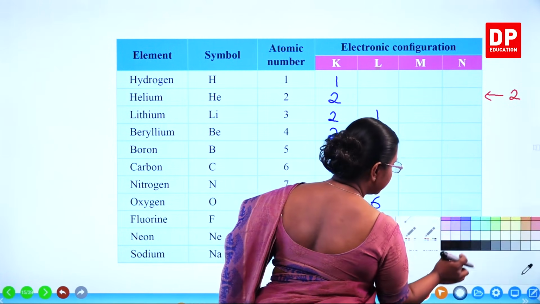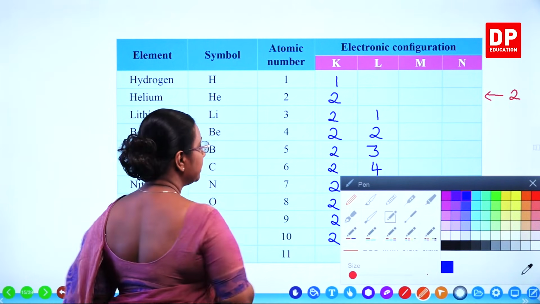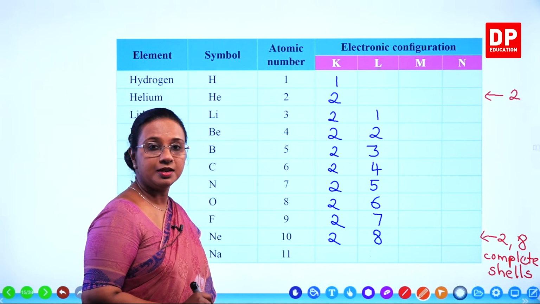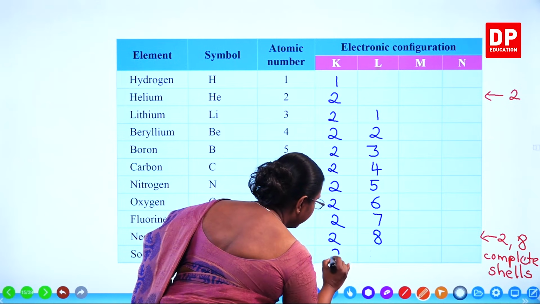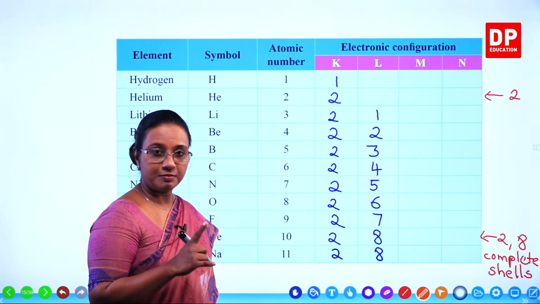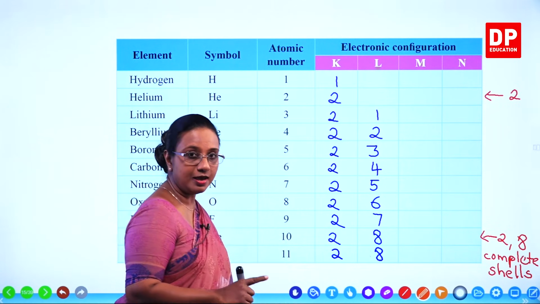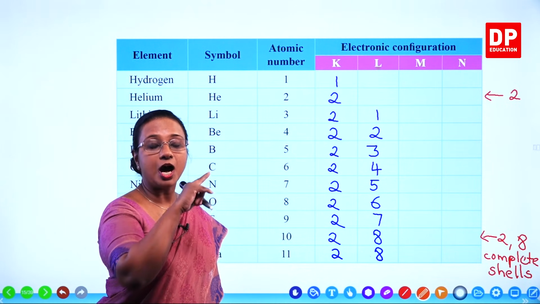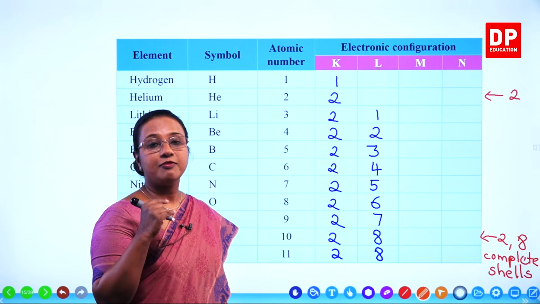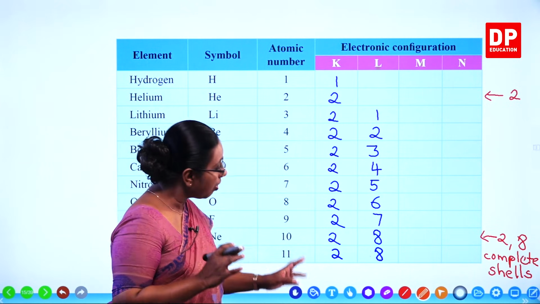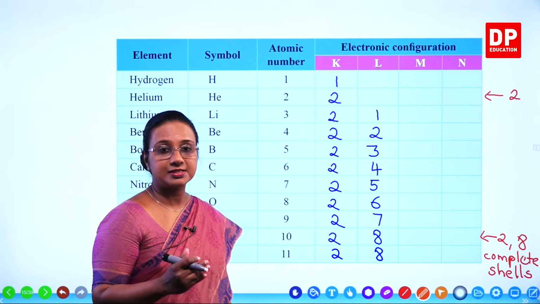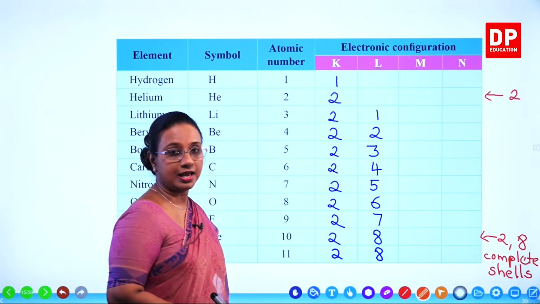We will go back to the table. Here the next element is sodium. Sodium has 11 electrons. So 2 in the first shell, only 8 in the second shell. You can remember we can't write 9 there because the outermost energy level that has electrons can't have more than 8, and also the second energy level can only have a maximum of 8 electrons.